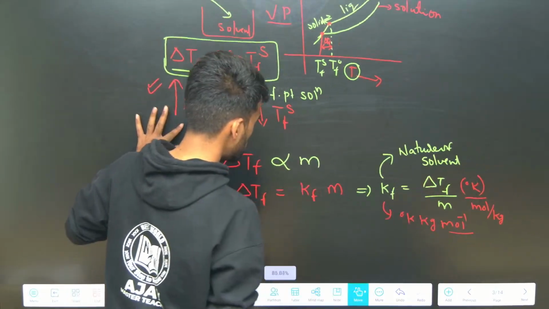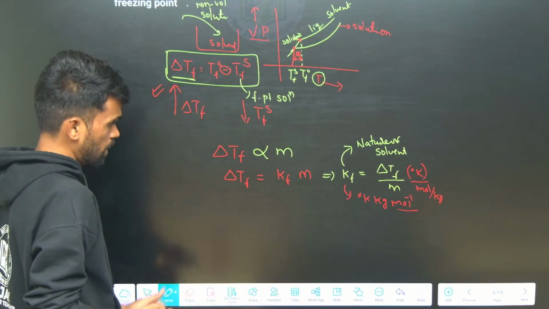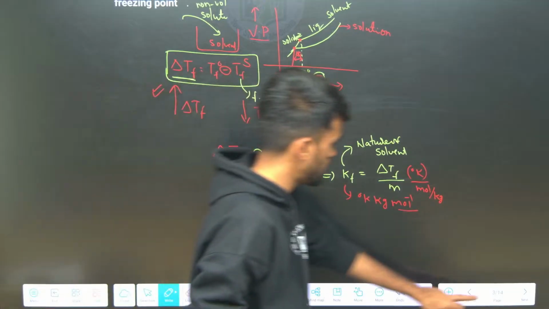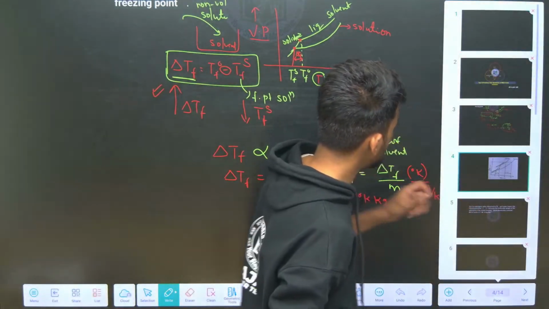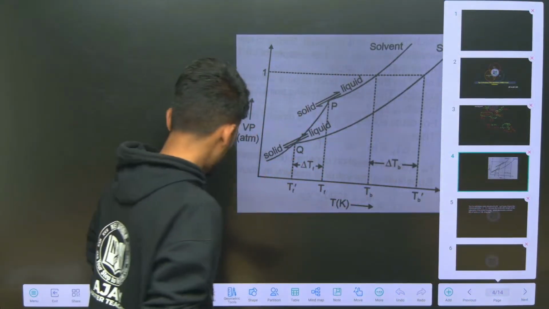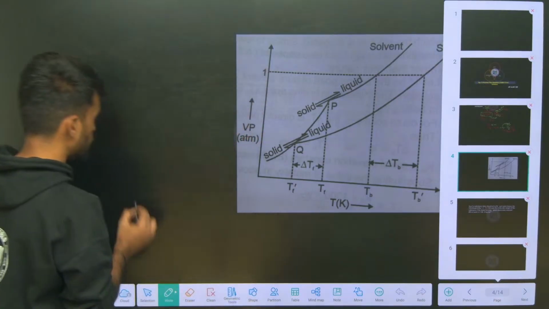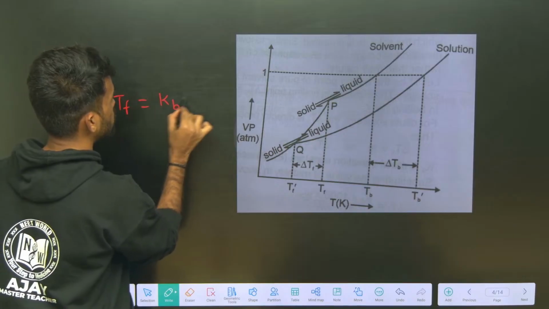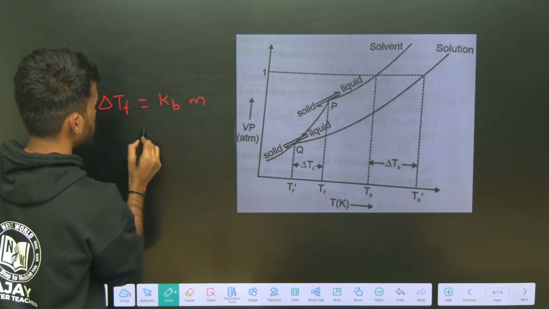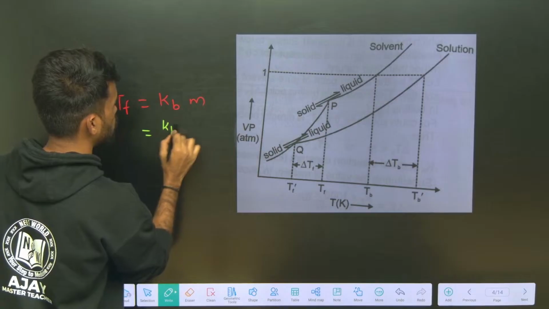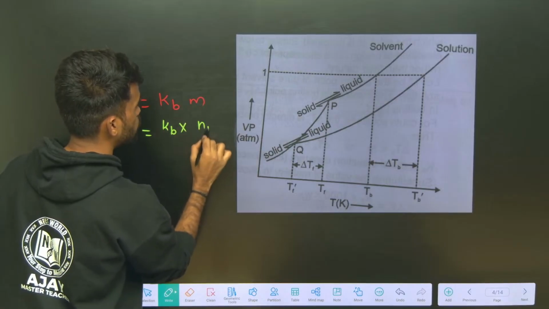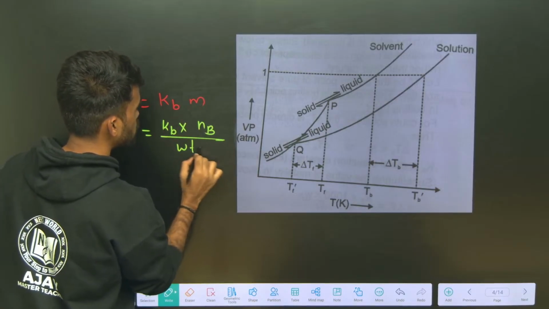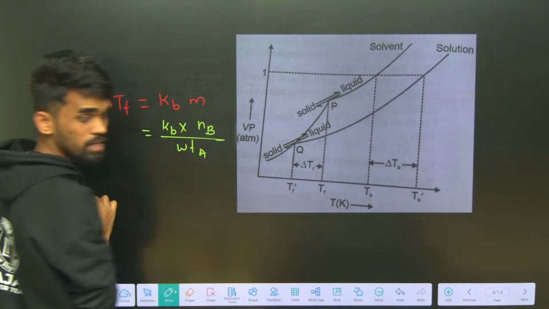Now let us look at one question also here. See, this is the graph we have discussed right now. The other thing we need to know is, delta Tf equals Kf m, which I have written now, right? Molality means number of moles of solute by weight of solvent in kg. It should be in kg.